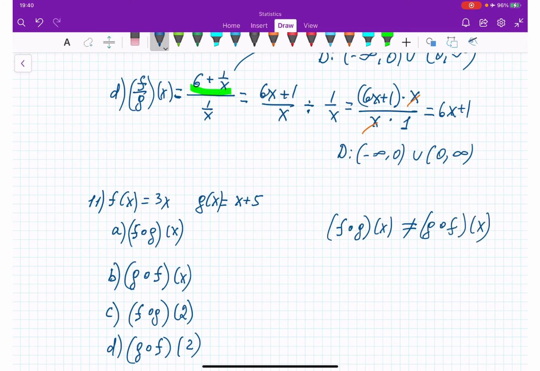Why is that? What do we understand when we say composition of function f with g? We understand that you take the g of x and use it as an x value for f, which is going to be f of g of x. Which means this x we replace with the entire g of x, which means we replace with x plus 5.